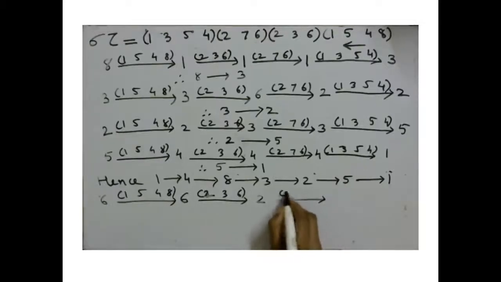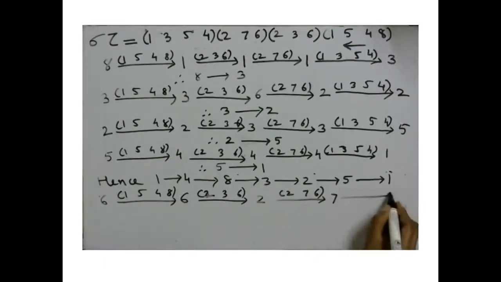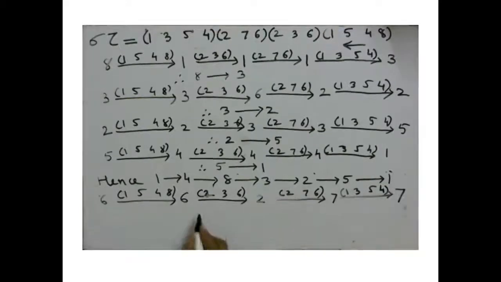In the cycle 2, 7, 6, 2 goes to 7, so 2 will map to 7. And in the last cycle 1, 3, 5, 4, 7 is not present, so 7 is fixed, and therefore 6 maps to 7. Finally, we will see the image of 7.